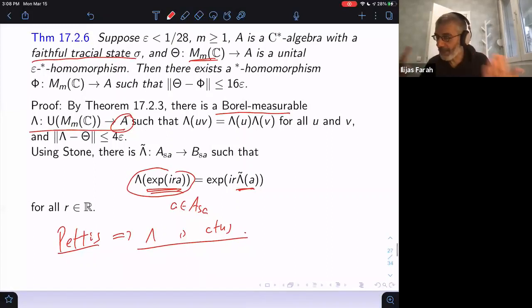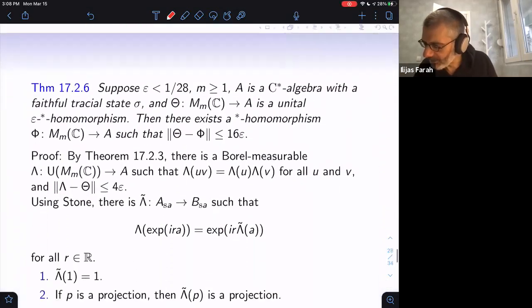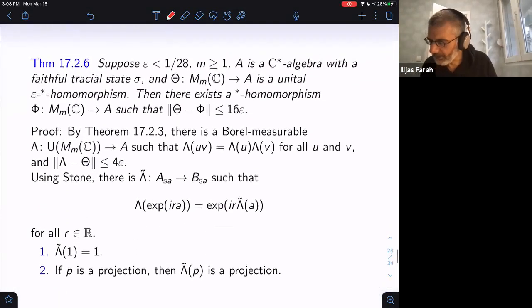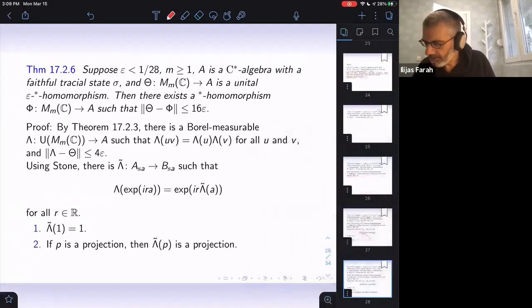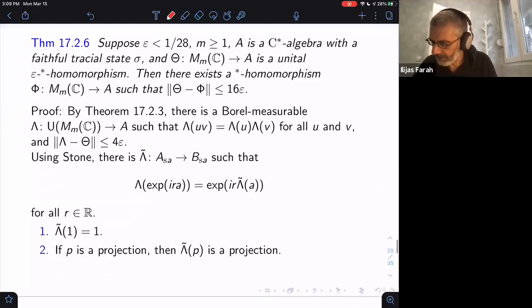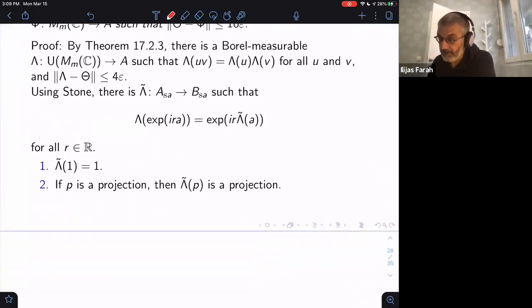Now, how do lambda tilde and lambda relate? Their domains are not disjoint, but we still have to figure out what is going on. Now, here are two immediate facts about lambda tilde with a very similar proof. First one is lambda tilde of 1 is equal to 1.